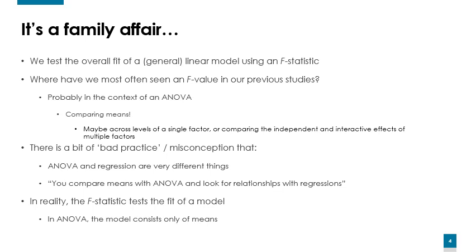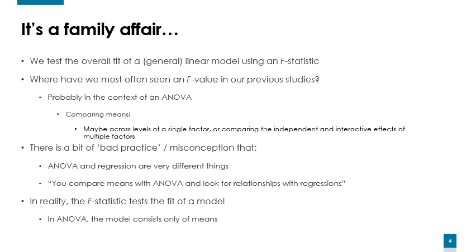Ultimately, what the F statistic does is it tests the fit of this model. So when we're looking at an analysis of variance, the model that you build is composed entirely of means. So yes, it's true in the case of an ANOVA that the F statistic is comparing means. However, that's a simplification because ultimately what all F statistics do is test the fit of a model that you have built to your observed data.